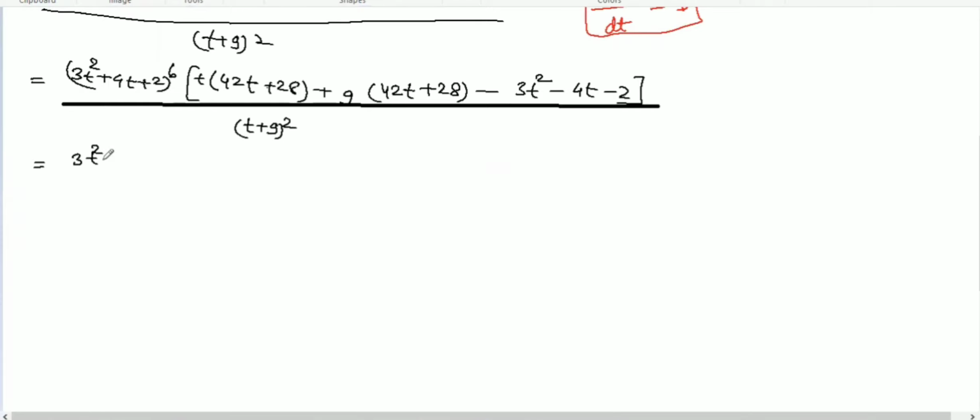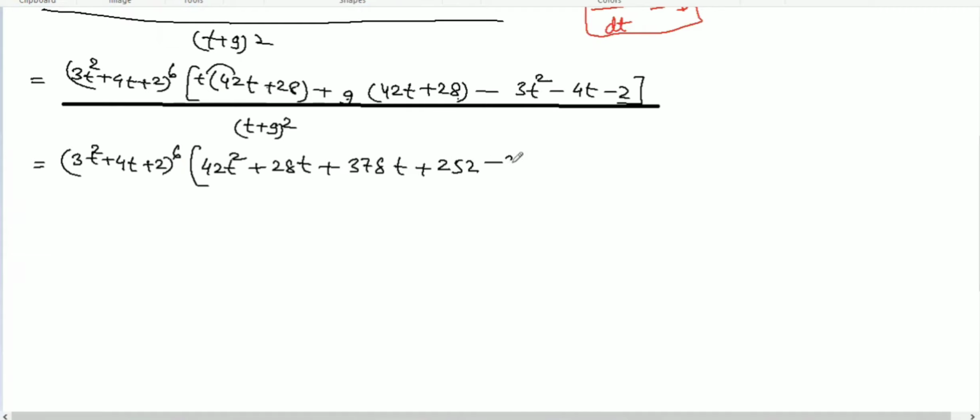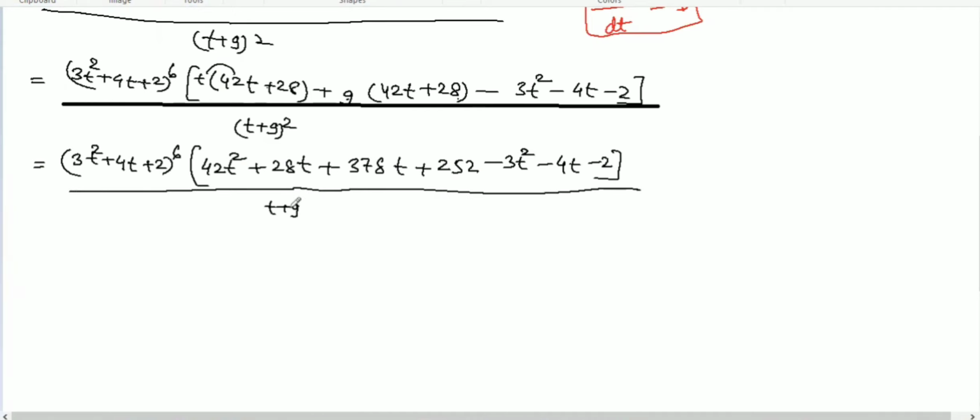Now next step is 3t square plus 4t plus 2 whole to the power 6, and then multiply and open the bracket. So here we will have 42t square plus 28t, plus 9 multiplied by 42 will give me 378t, plus 9 multiplied by 28 is 252, minus 3t square minus 4t minus 2, close the bracket, and all over t plus 9 whole square.